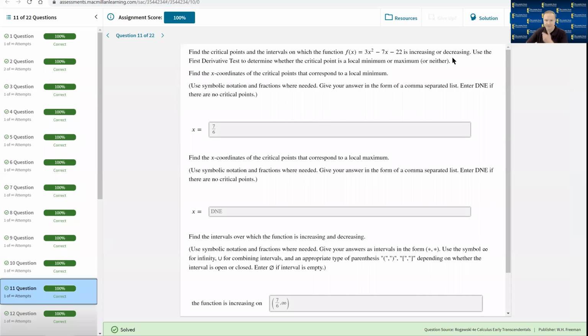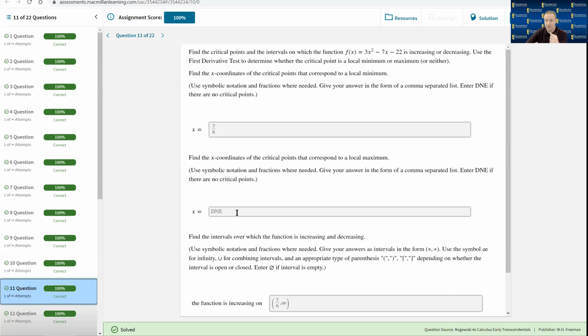So now you'll see the first question it asks here is to find the x coordinate of the critical point that corresponds to a local minimum. Like I said, we had a minimum at 7/6. Now, this one then goes in and says, well, what's the critical point of any coordinate that's a local maximum? You just have to be sure to put DNE for does not exist.